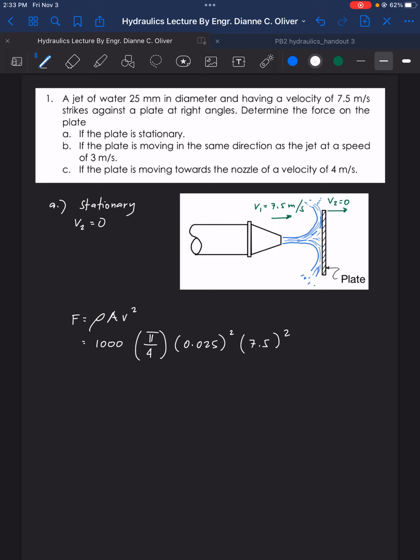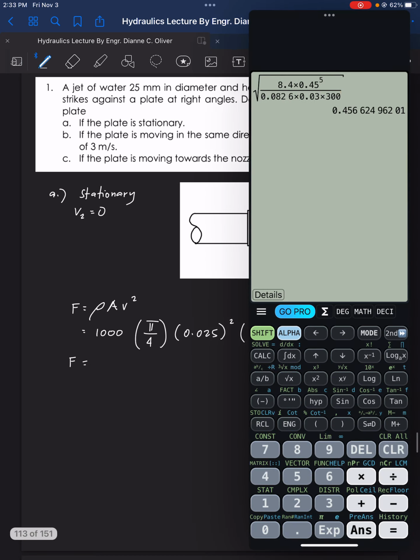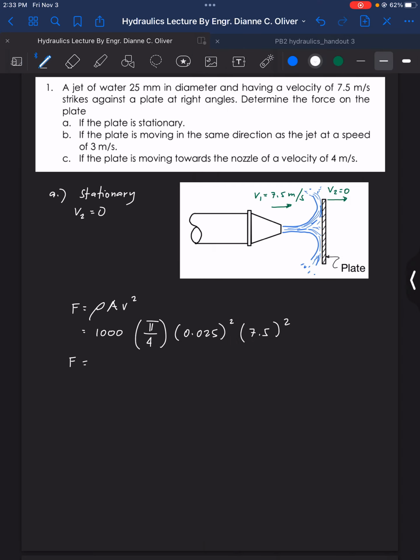If it is stationary, we will be using the velocity of the jet. So F now here is equal to 1000 times pi over 4 times 0.025 squared times 7.5 squared. So 27.61 Newton.